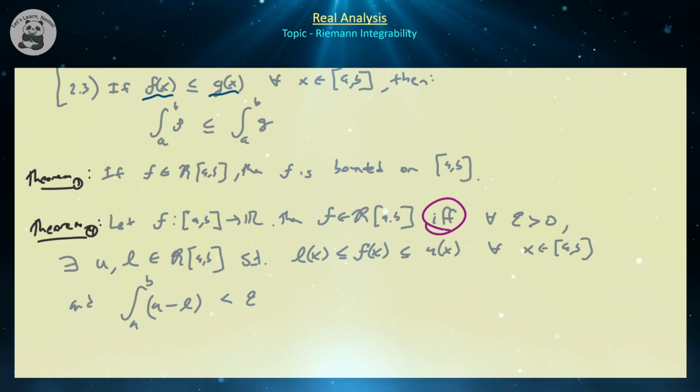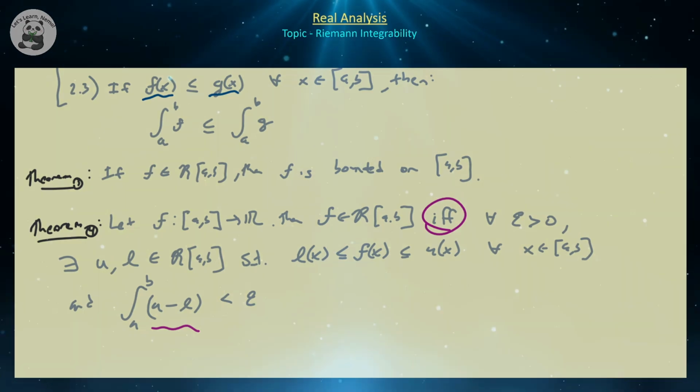If two functions are Riemann integrable, their difference, u minus l, will also be Riemann integrable. So if you can bound your function between two Riemann integrable functions whose integral difference can be made arbitrarily small, then the function in the middle is Riemann integrable, and only then.